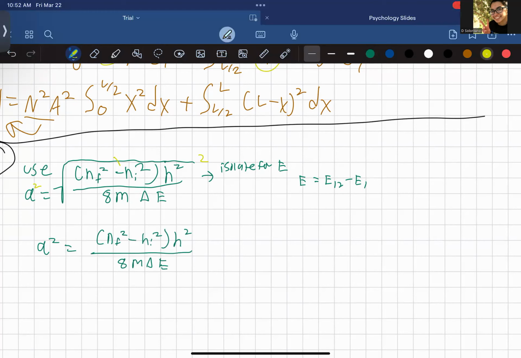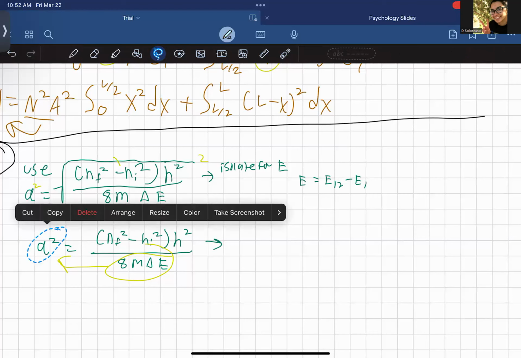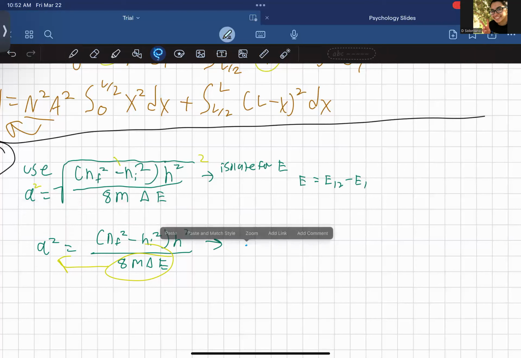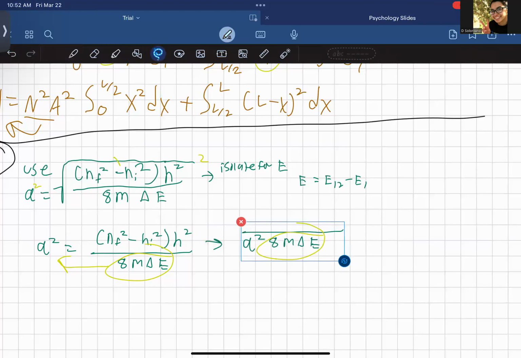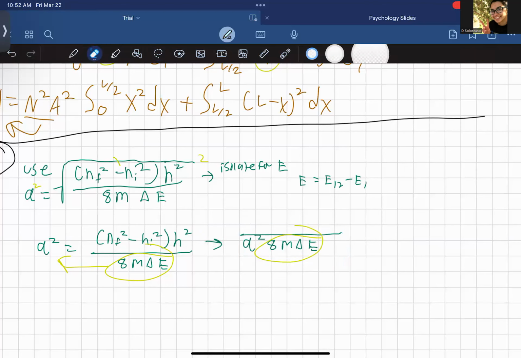Probably move this denominator over to the side, which would get us, I'm going to copy and paste because that's easier. Except I'm going to get rid of some of these lines.